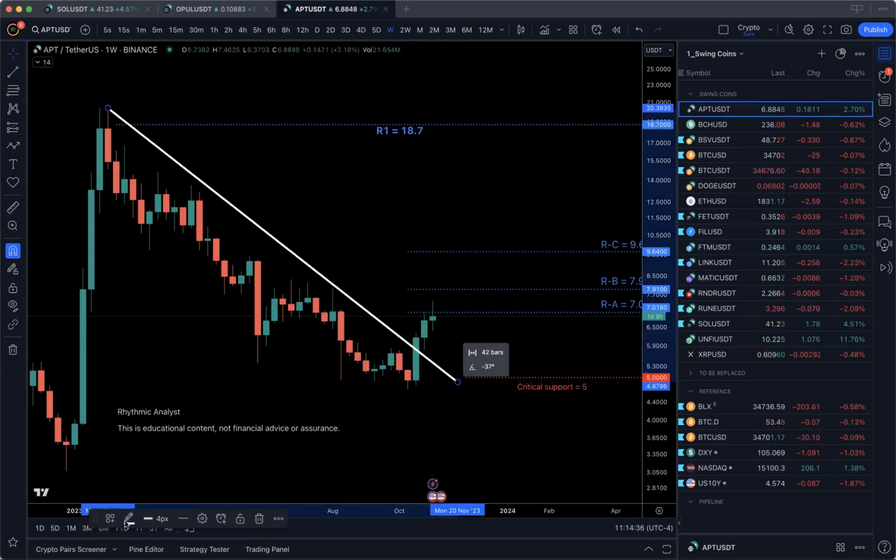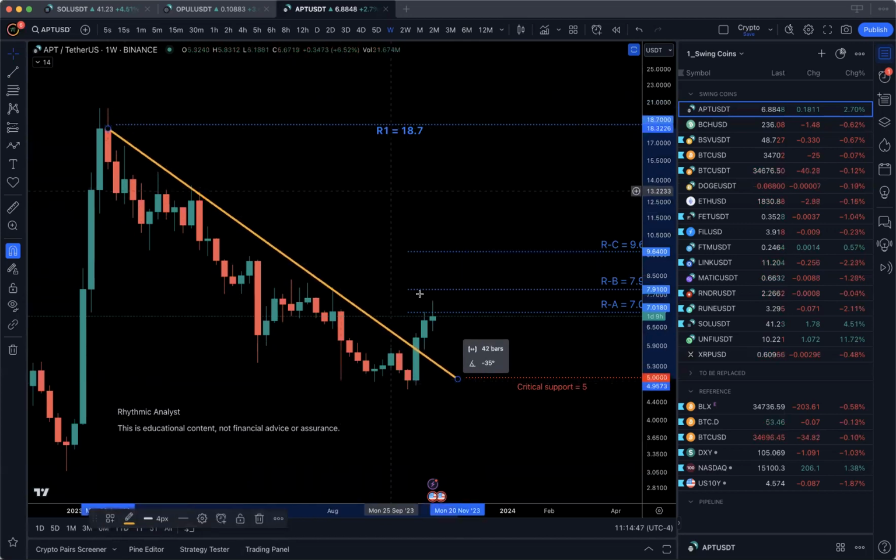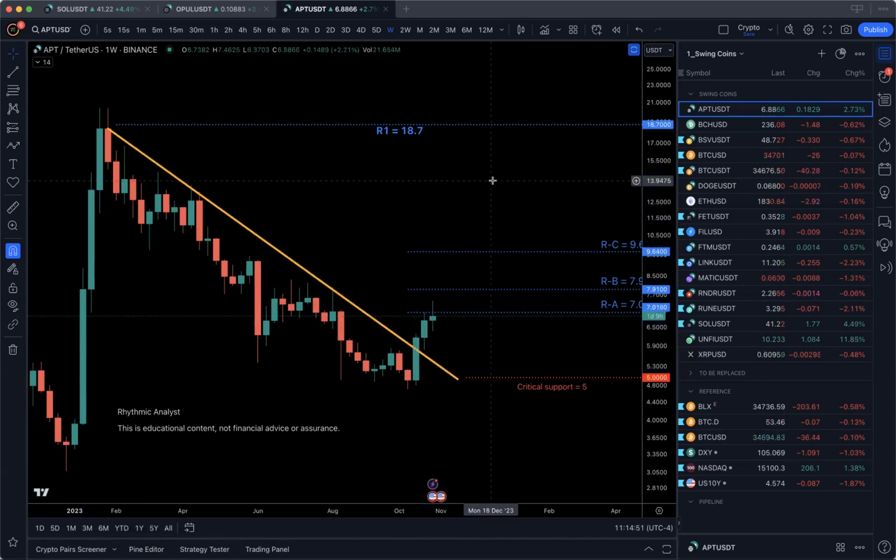It was really trouble, a really sticky one. With this one, it has broken above. So now it's in the process of recovery. And I think this is positive.